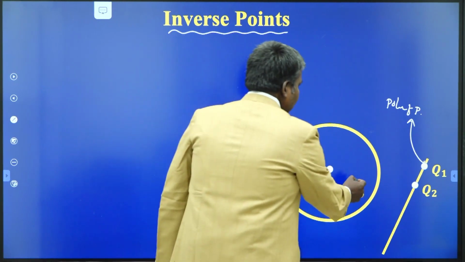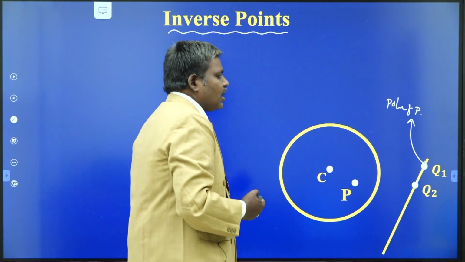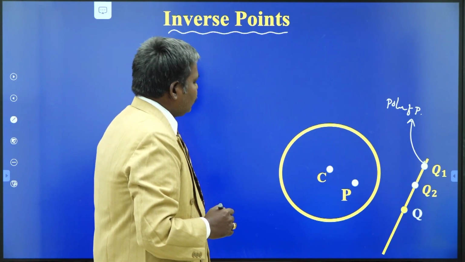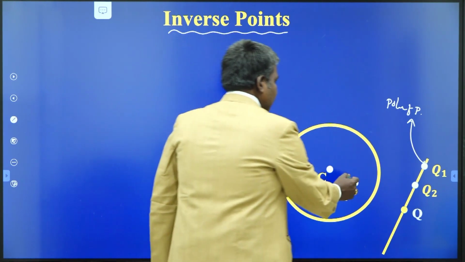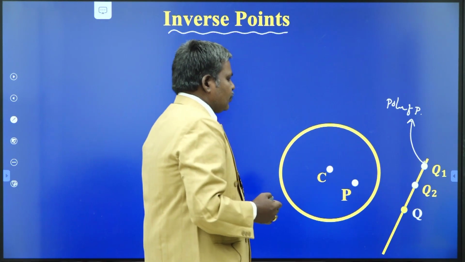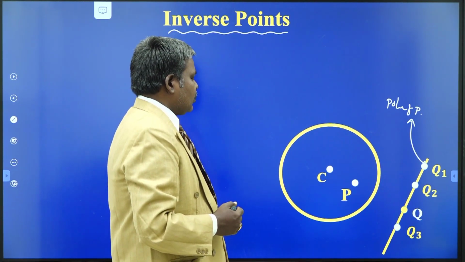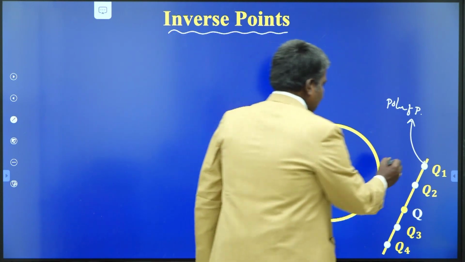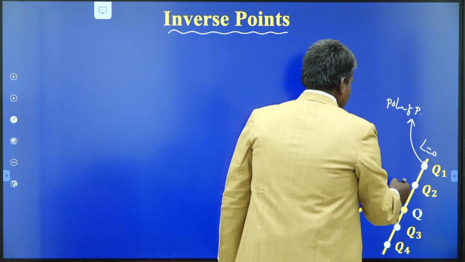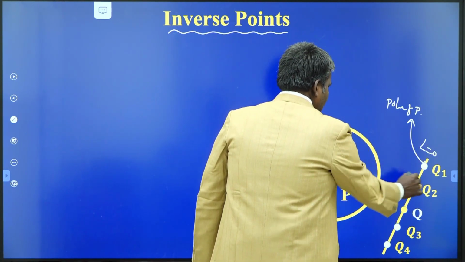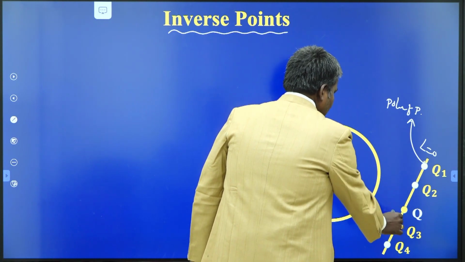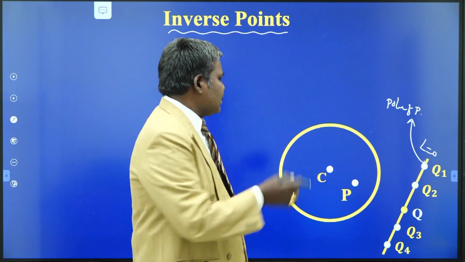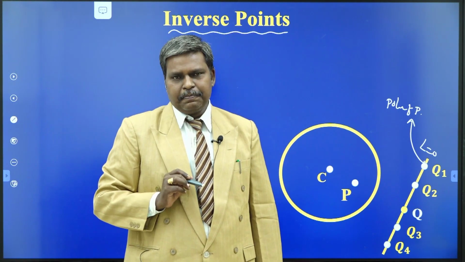Then immediately P, Q2 are also conjugate points with respect to the same circle. This is the point Q, then P and Q are also conjugate to each other. Q3 and Q4 also lie on my line L = 0, then P, Q1; P, Q2; P, Q; P, Q3; P, Q4 are pairwise conjugate points with respect to that circle.